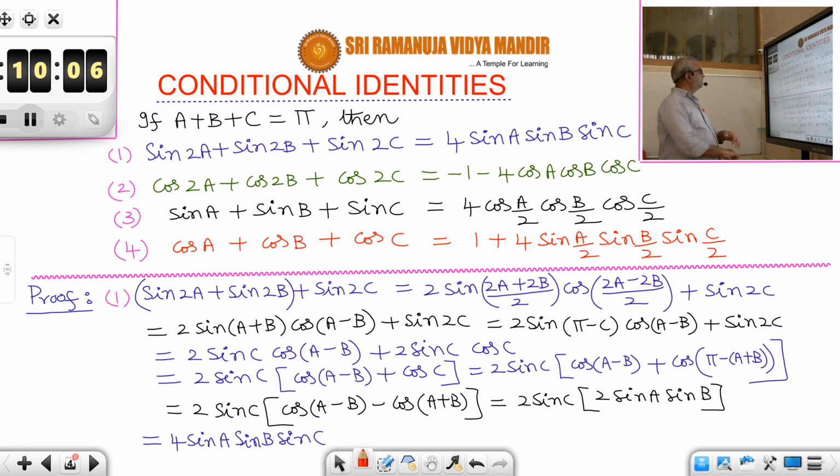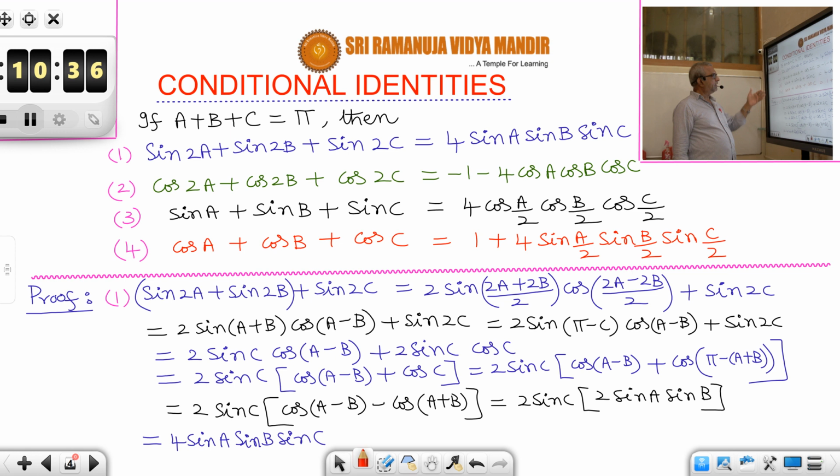For example, let us see the first 4 important conditional identities. We will see several identities like this, but the first 4 are very, very important because they are useful in the future chapter called properties of triangles. There these 4 identities are very useful.